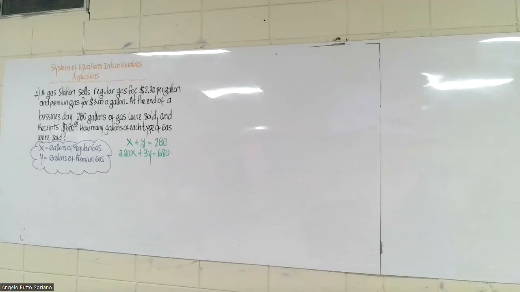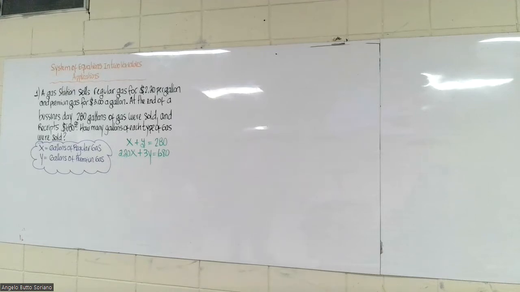Because we have that system of equations, it's time to solve it. We can apply substitution, elimination, or the graphic technique, whatever you want. So which one would you like to use? Elimination, okay. The people have spoken. So, elimination method.